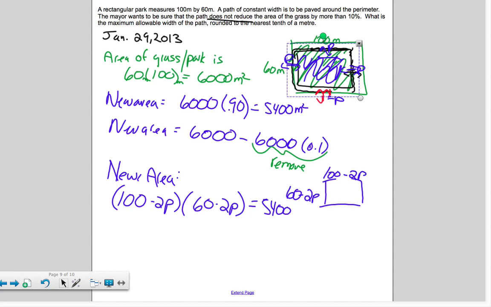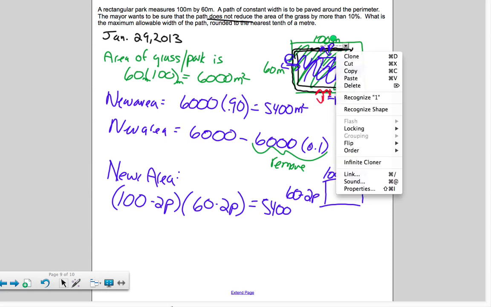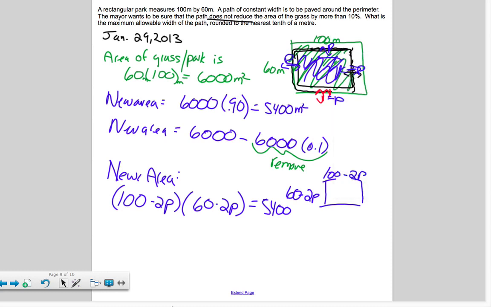The path exists on both sides, so there are two of the widths of the path that we have to reduce. We subtract it because that's the length of this new rectangle, right? That's the length of our new grass once we put in the path. We lose p over here and we lose p over here, so it's 100 minus those two paths that we're losing. The same thing applies to the width.